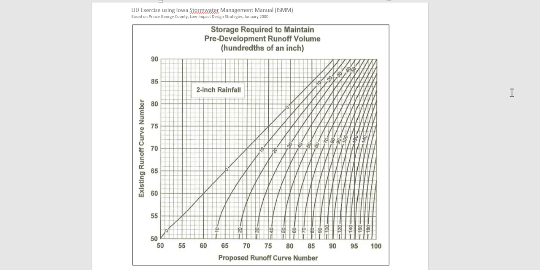So our existing curve number is 62. That's the pre-development. Our post-development was, well, no, not 72, because of the disconnecting adjustment.